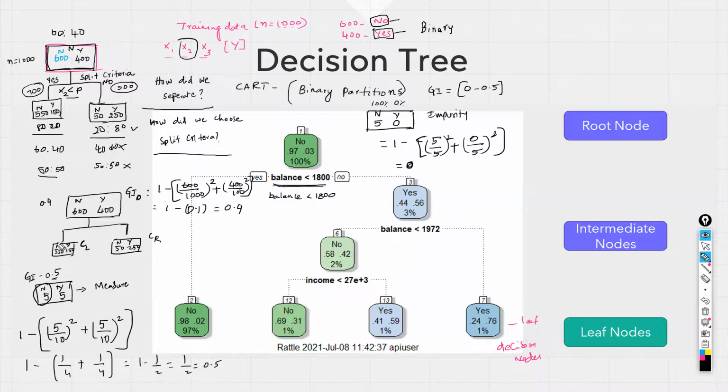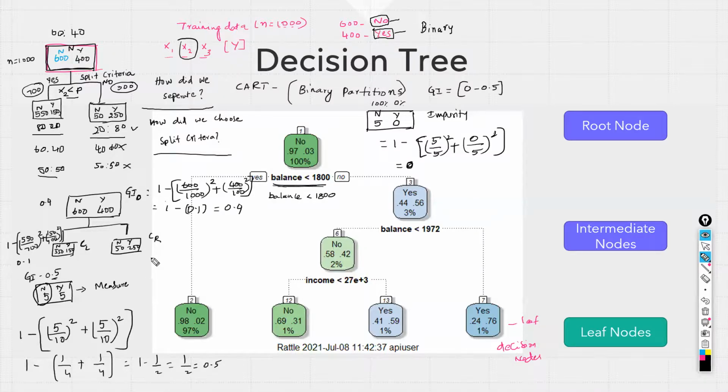On the left-hand child, it will be 1 minus (550 by 700 whole square plus 150 by 700 whole square), which is roughly around 0.1, assuming that.